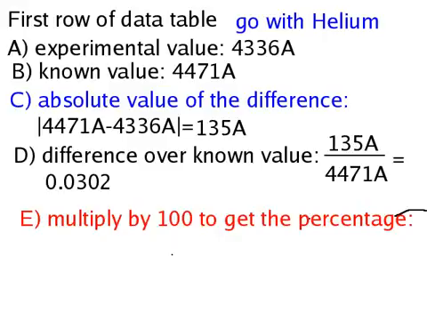Then we have 0.0302 times 100. I can do that in my head because we're just moving the decimal point 2 spots to the right. We're making the number larger. So that's just about 3.02%.